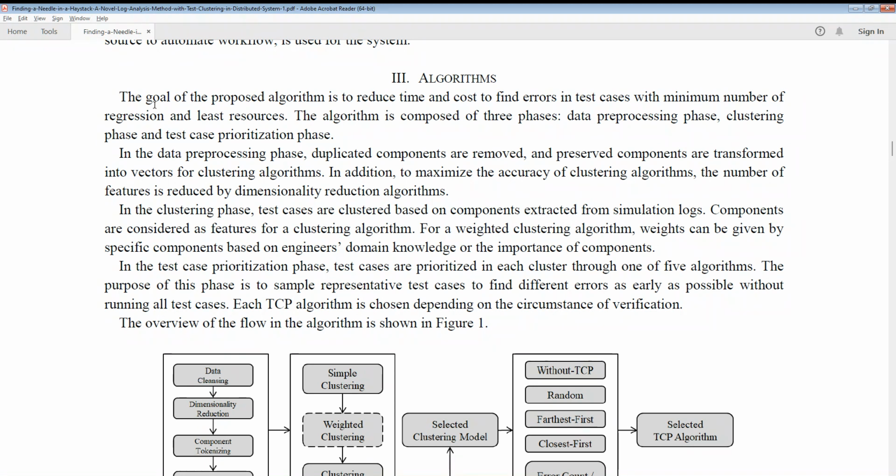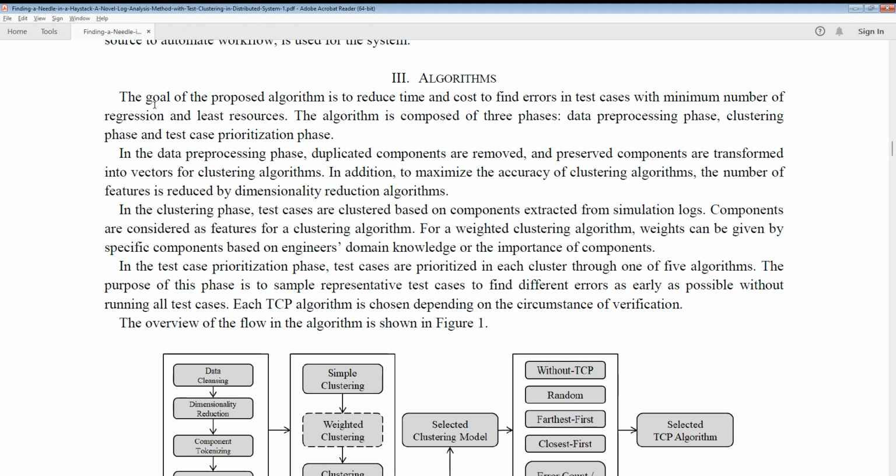In the data pre-processing phase, duplicate components are removed, and the preserved components are transformed into vectors for clustering algorithms. In addition, to maximize the accuracy of clustering algorithms, the number of features is reduced by dimensionality reduction algorithms.